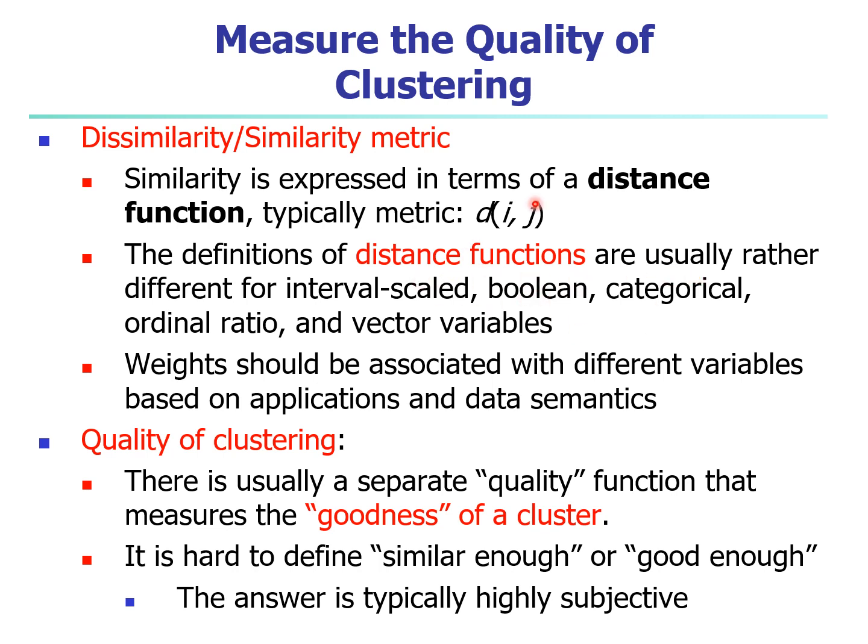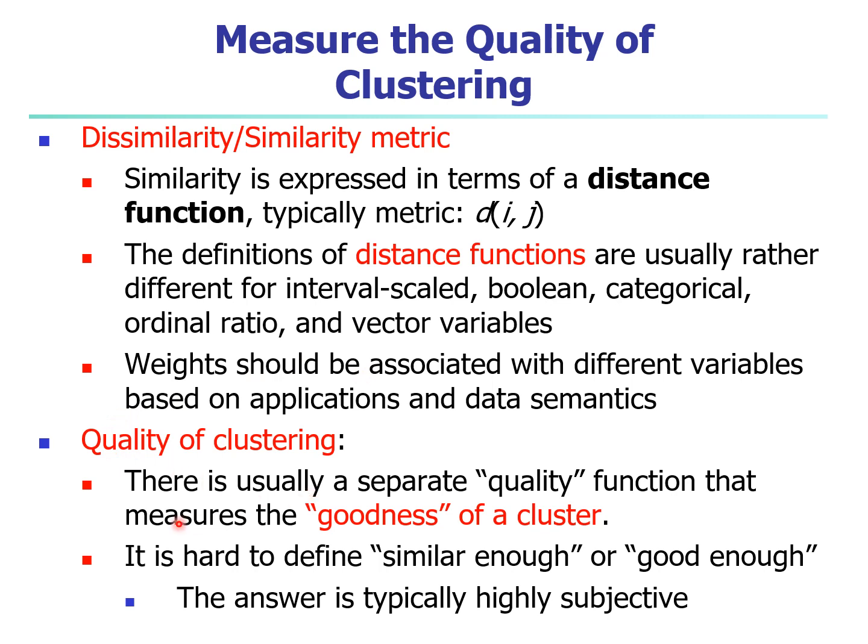The way we calculate distance between the different types of variables is different. Weights should be associated with different variables based on applications and data semantics. So the weight of similarity is important based on what type of variables we're discussing.